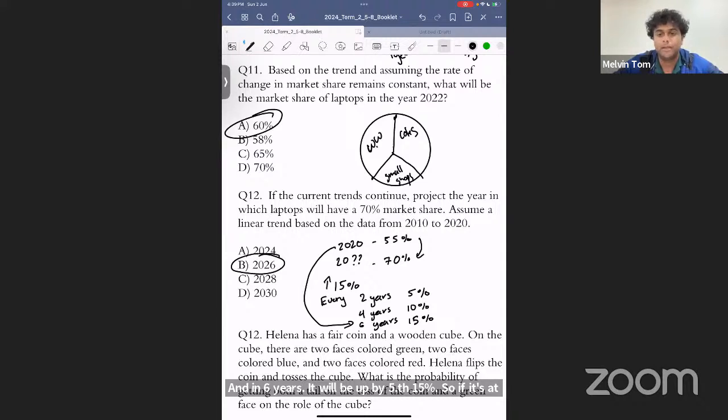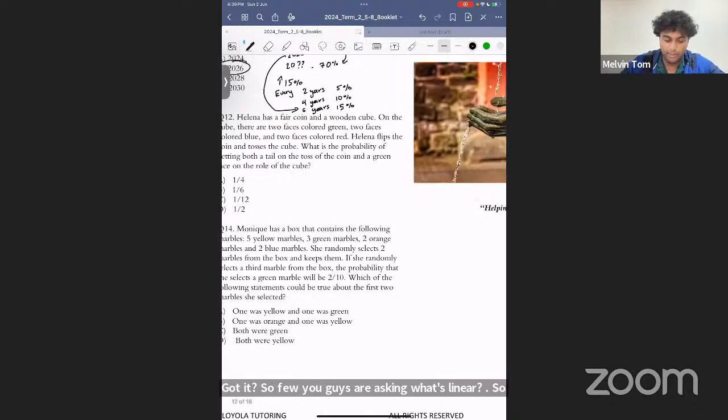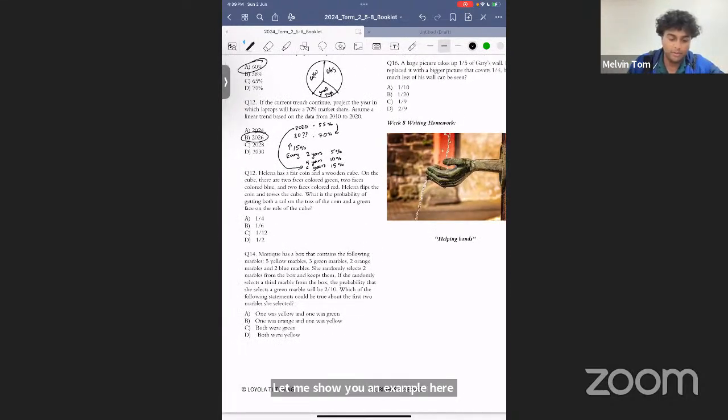Got it? So a few of you guys are asking what's linear. So let me show you an example here. Let's just say, how many of you, your mom and dad has made a savings account in a bank?